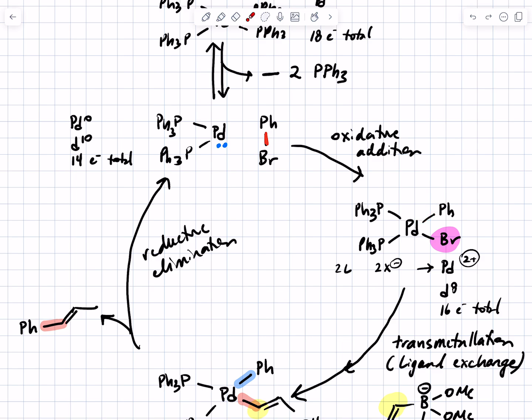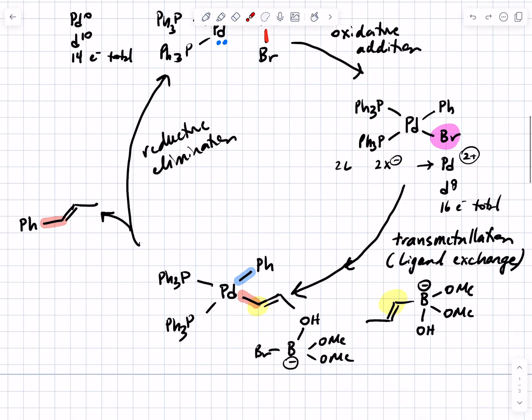The electrons in these metal-X ligand bonds, 2 of them come from the palladium and 2 come from the carbon-bromo bond. You go to something that's palladium 2, palladium now only has 8 d electrons. Where did the other 2 go? Well, 2 of them are now in one of these metal ligand bonds.